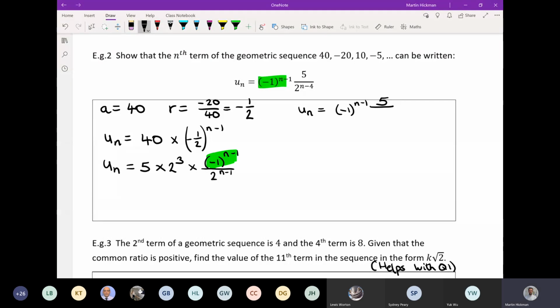Rather than multiplying by 2 to the power of 3, that's the same as dividing by 2 to the power of -3. Okay, multiplying by 2 to the power of 3 is the same as dividing by 2 to the power of -3. So then we get this.